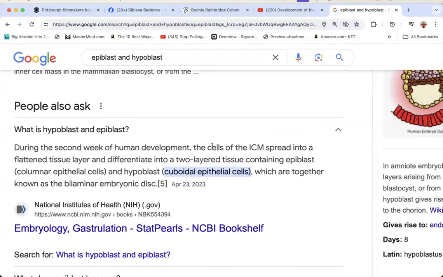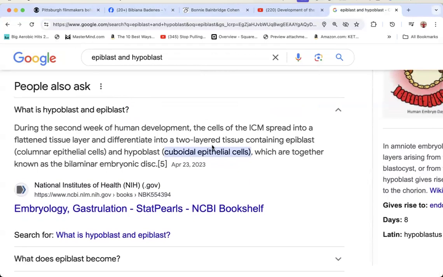During the second week of human development, the cells spread into a flattened tissue layer and differentiate into a two-layered tissue containing the epiblast, which is the columnar epithelial cells, and the hypoblast, which are the cuboid epithelial cells, which are together known as the bilaminar embryonic disc.